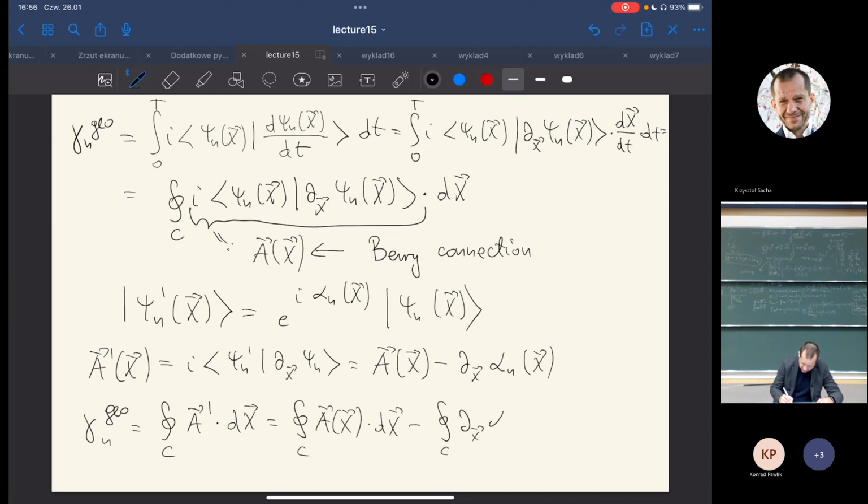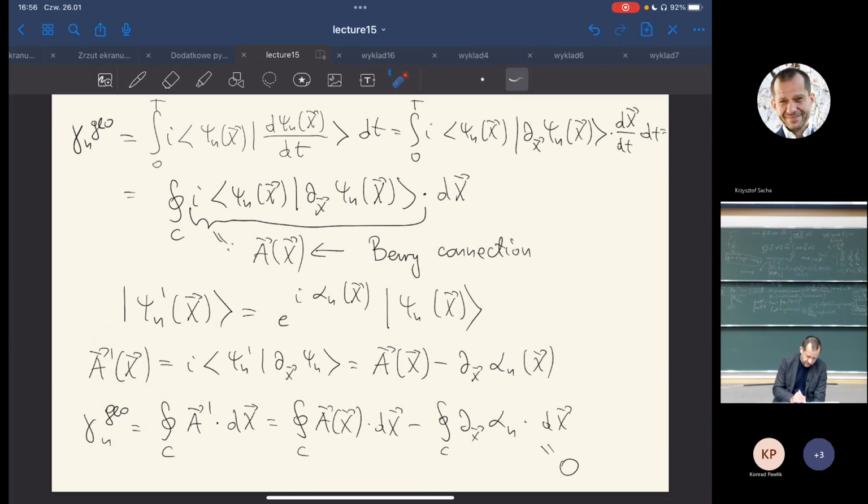But this is the integral over the closed loop of the gradient of the function. So that is equal to 0. That means that the Berry connection changes when we perform a gauge transformation, but the geometrical phase is gauge invariant.